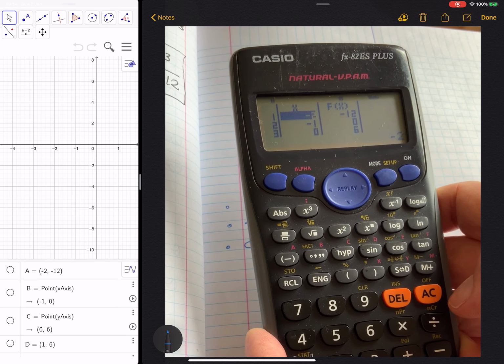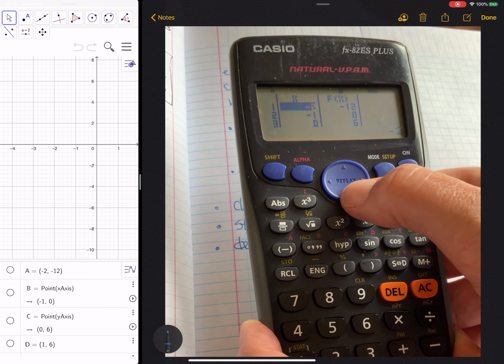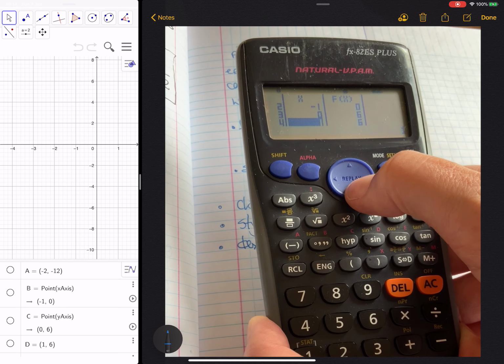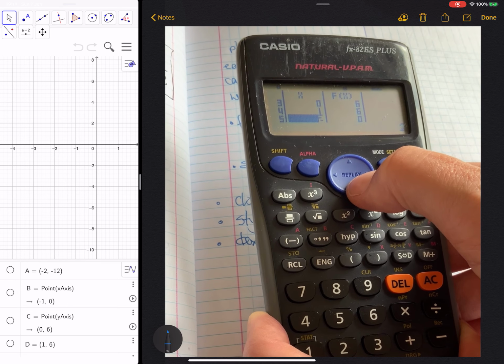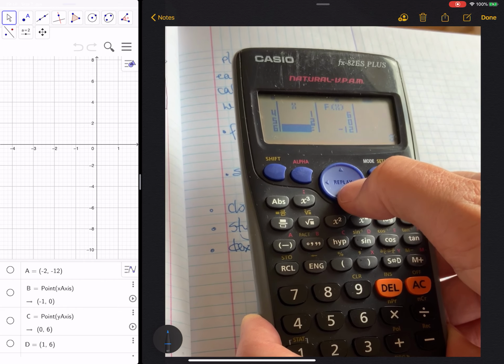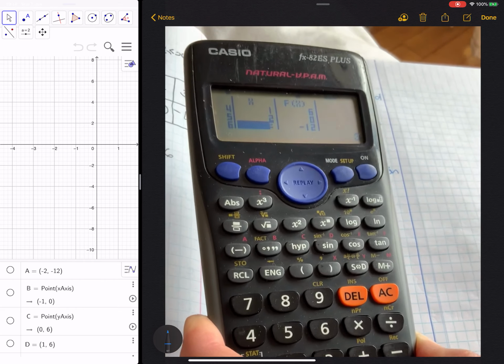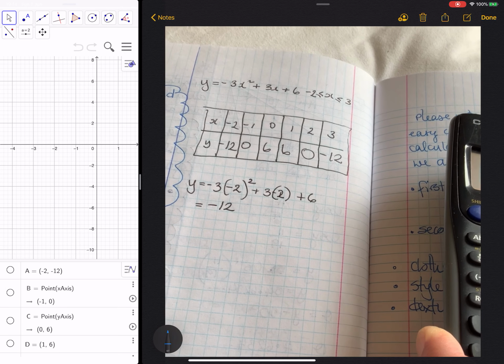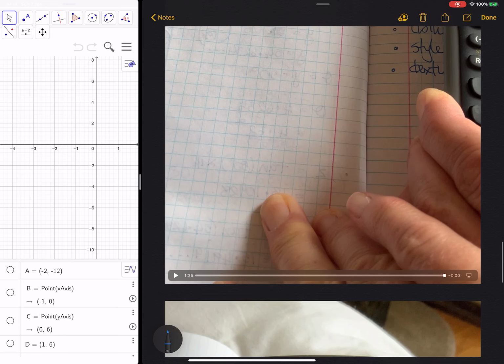When x is minus 1, y is 0. When x is 0, y is 6. When x is 1, y is 6. When x is 2, y is 0. And when x is 3, y is equal to minus 12. And we just use that to fill in our table of values.